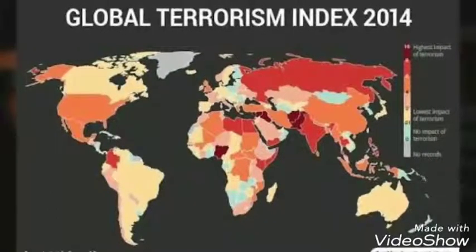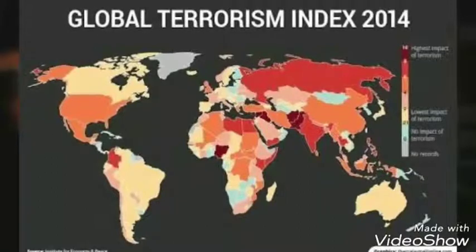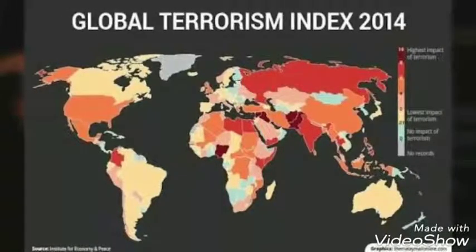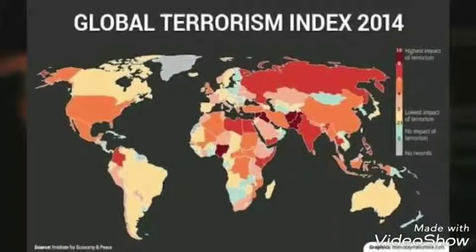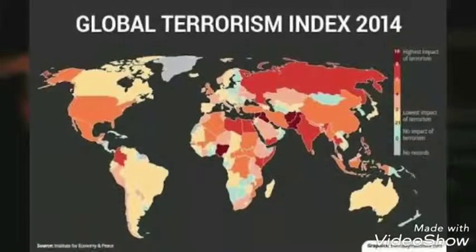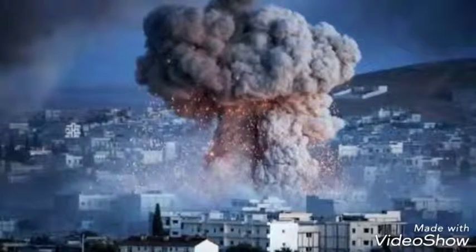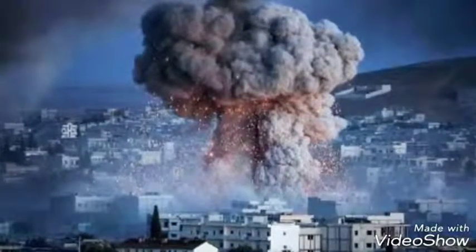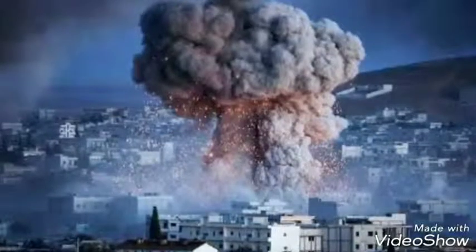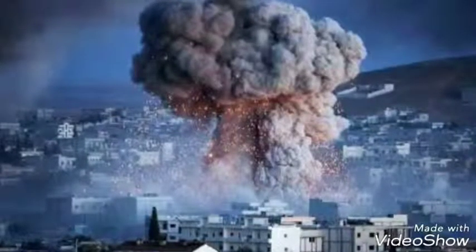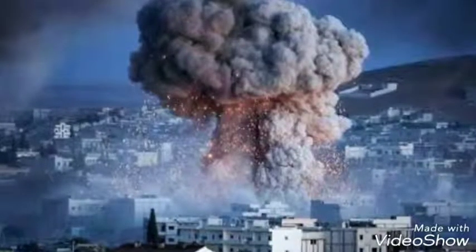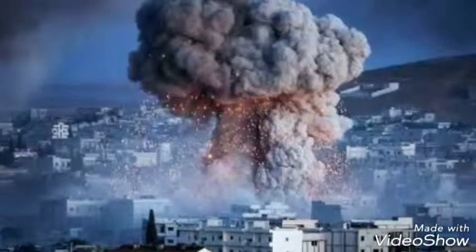Everything changed on September 11, 2001, when three aeroplanes were hijacked in America and smashed into the Twin Towers of the World Trade Center in New York and the west side of the Pentagon. The whole world watched as 3,500 people died. This was the most destructive event on U.S. soil.